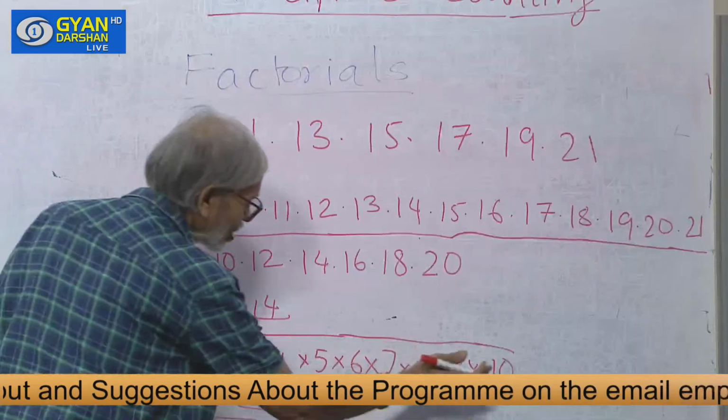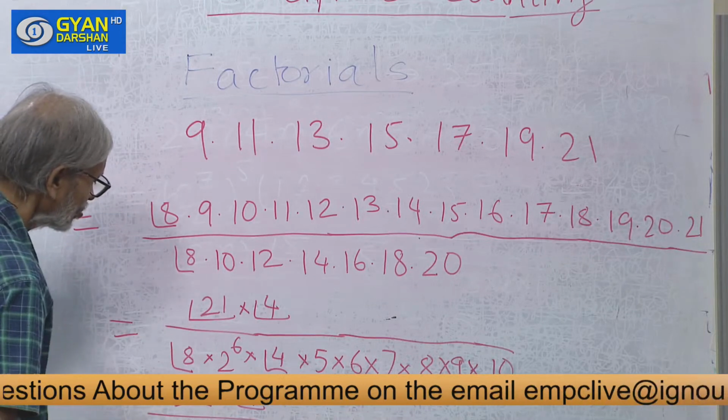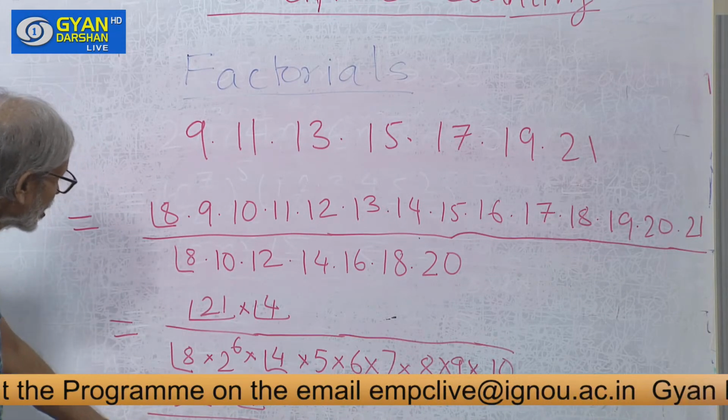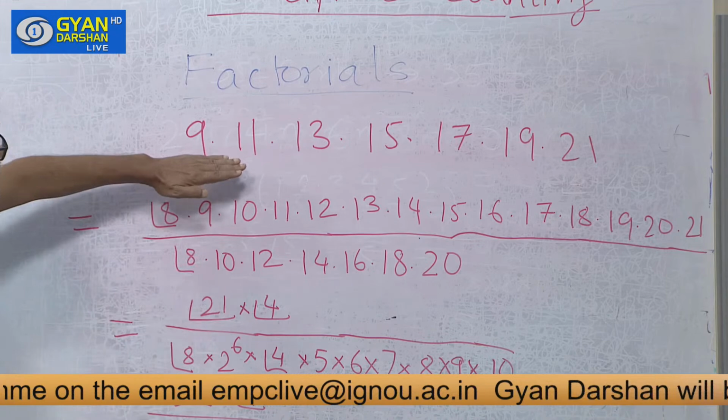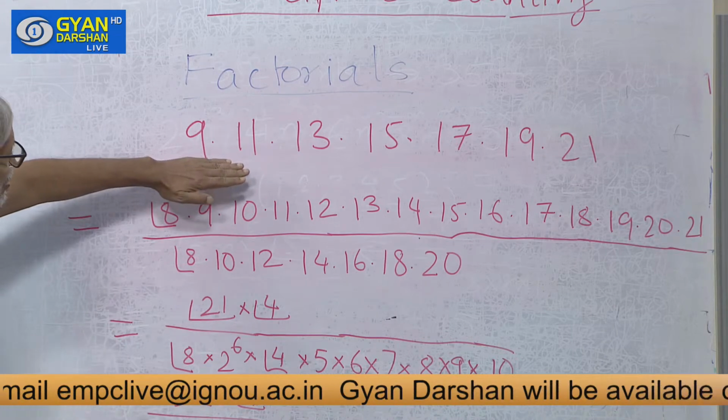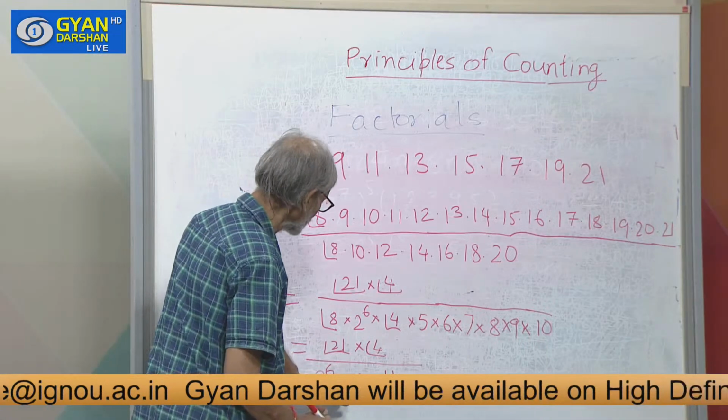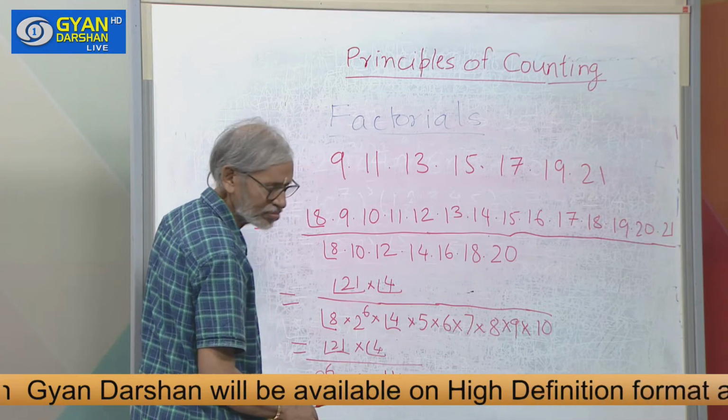So, this will become factorial 10. So, this multiplication in the factorial terms comes out to be this.